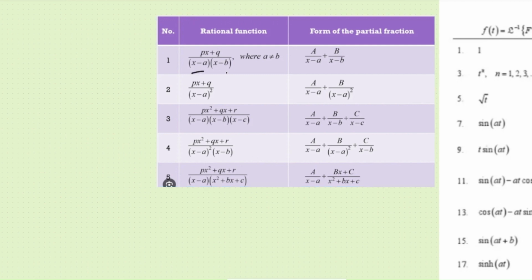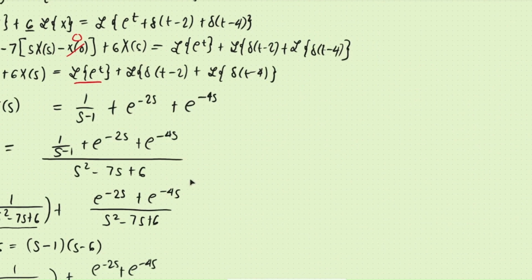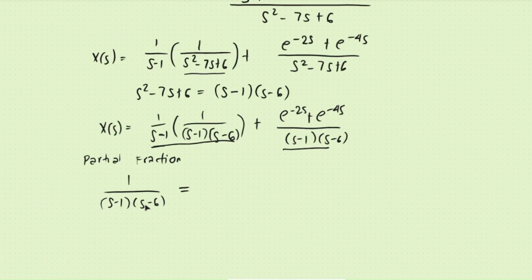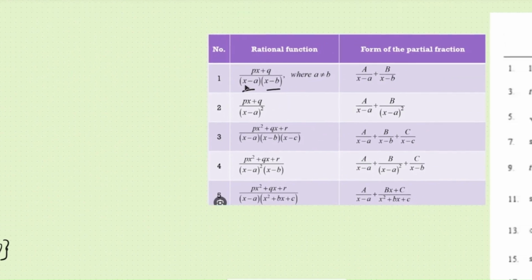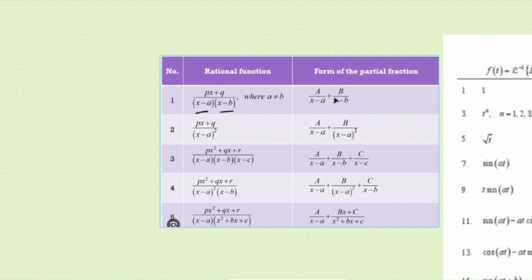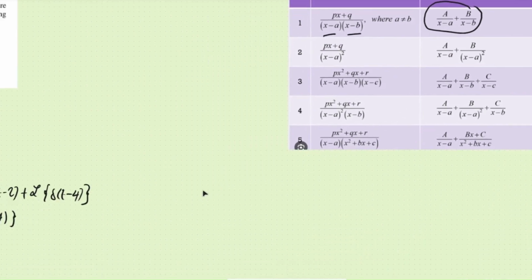We have two factors, x minus a times x minus b. And as you notice, we have s minus 1 times s minus 6. It's the same form, only this one is in terms of s. So we're going to use that form of partial fraction.